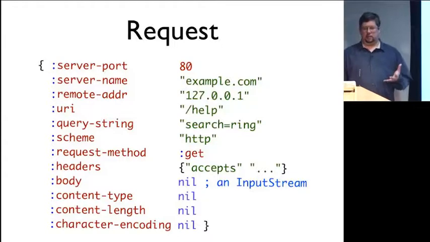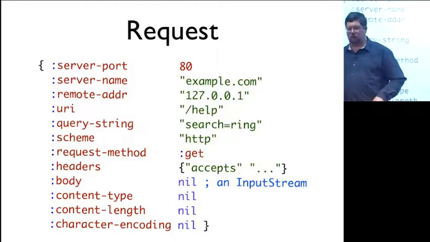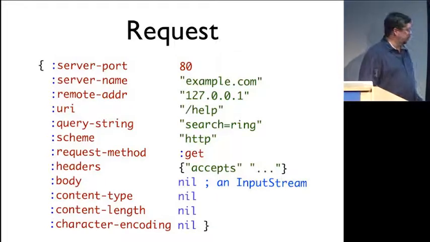If it is a request with a body, the body element in this map will be an input stream. That's a Java input stream, which can be read to gather the body and do with as you will. And also content type and content length may be set.